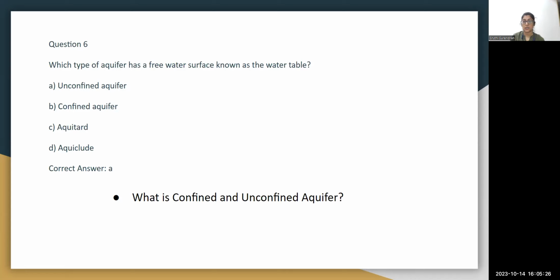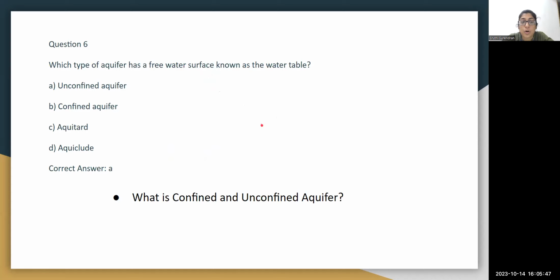It is not under atmospheric pressure. It can increase or decrease in pressure because the water movement is not possible vertically. The level of the water cannot increase because of this confinement. So the type of aquifer that has a free water surface, called the water table, is the unconfined aquifer.